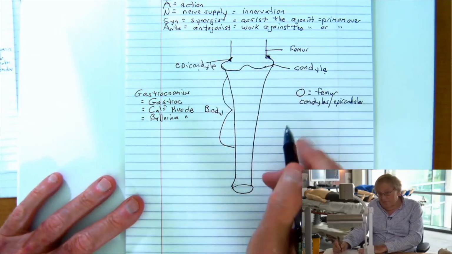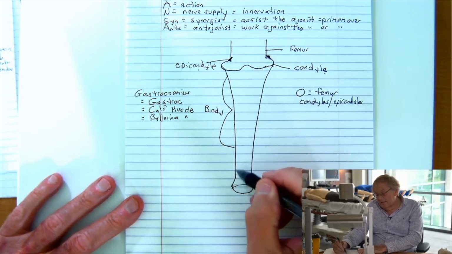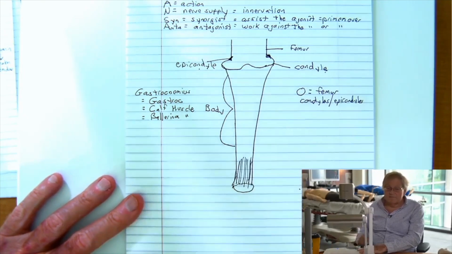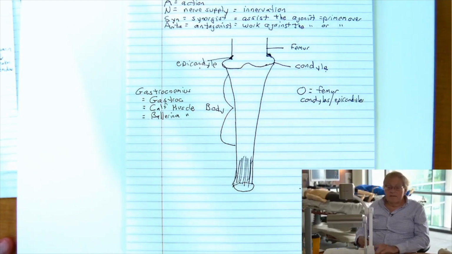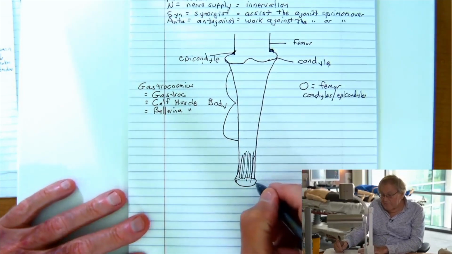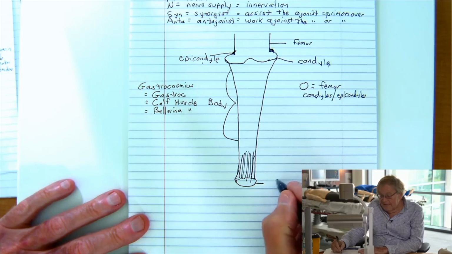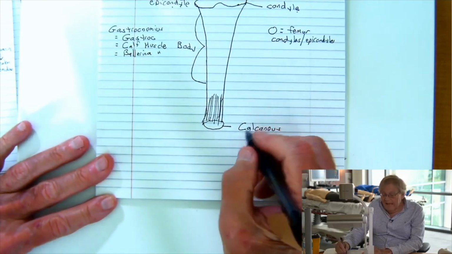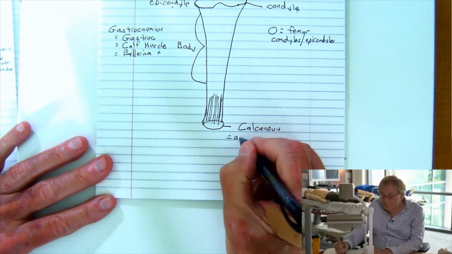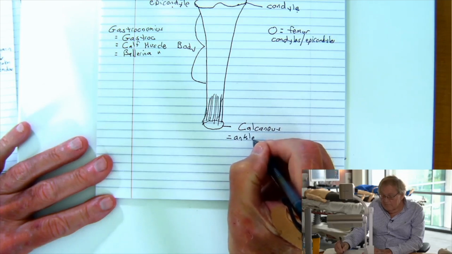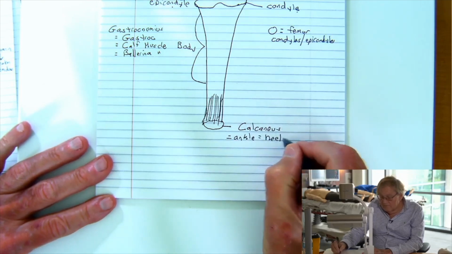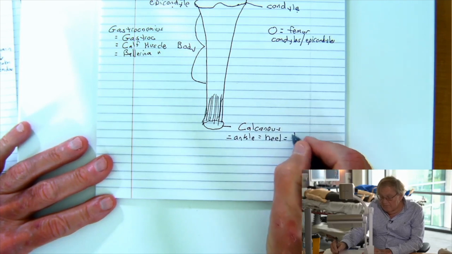And just as I showed you in the muscle man, I'll draw some of this in here to show it's got a tendon-like connective tissue appearance. And since this has to be a bone, that's going to be the calcaneus. Remember, the calcaneus is an ankle bone. It's a heel bone. It's a tarsal bone.